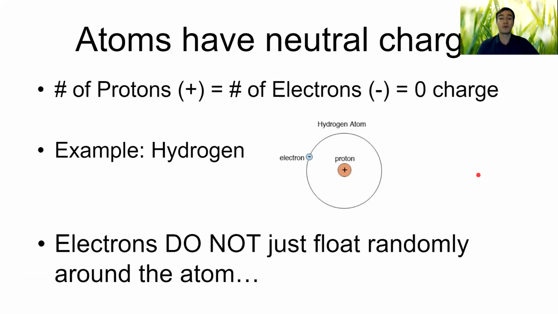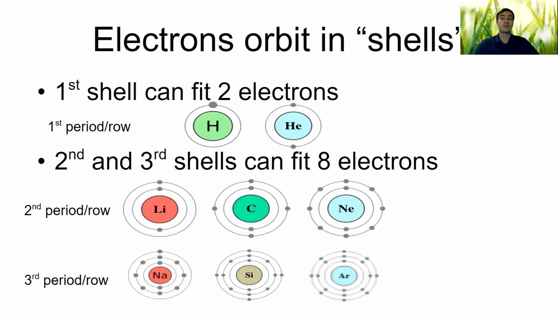So instead of just kind of floating around randomly, they're organized on something called electron shells. So if you imagine the nucleus of an atom as being this ball of particles in the middle, the electron shells are kind of like invisible outer layers of the electron. So kind of like how onions, you can pick away layer by layer until you get down to kind of like the core and the center.